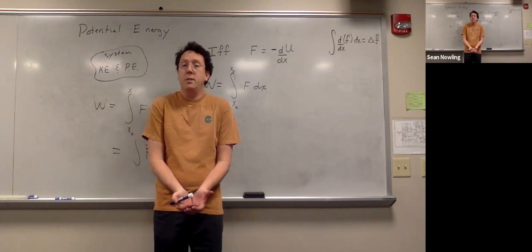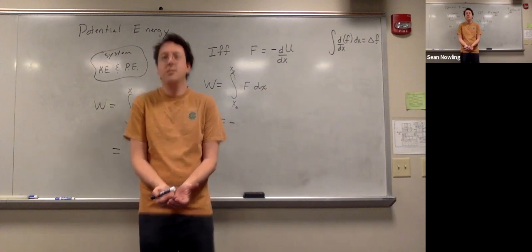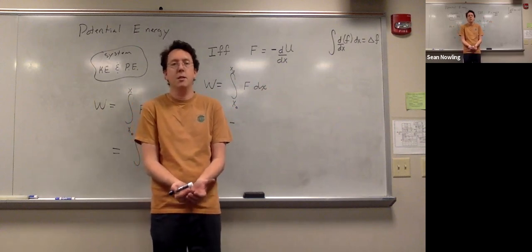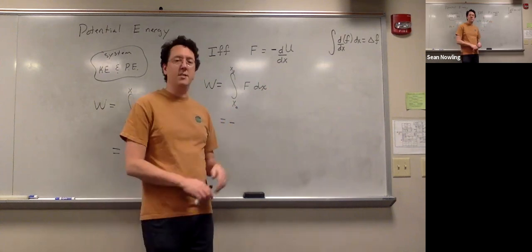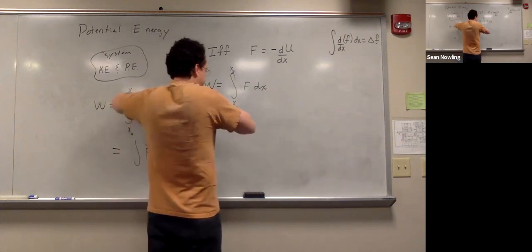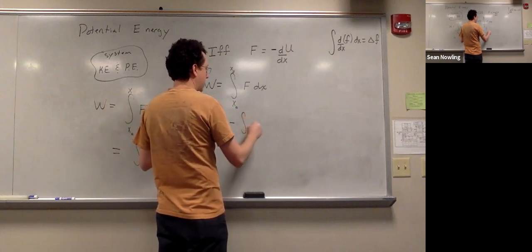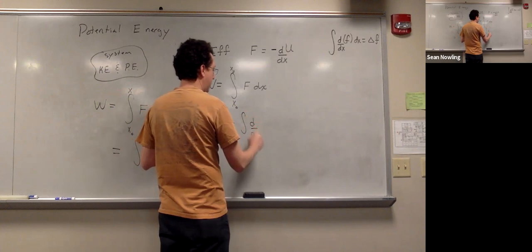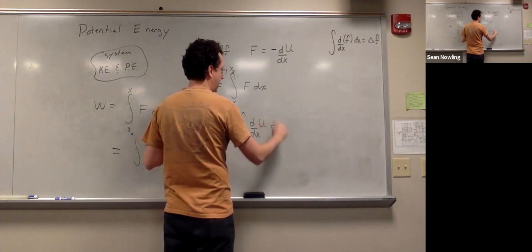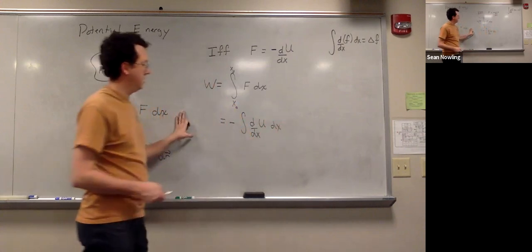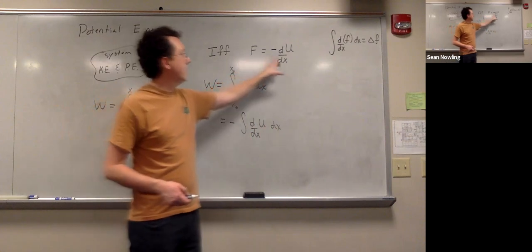So we want there to be typically a lowest possible energy level. It doesn't have to be positive, but there has to be a bottom, okay? And this minus sign is associated with that. Anyway, completing the story, the integral of dU/dx dx.